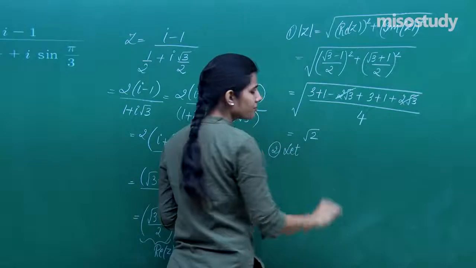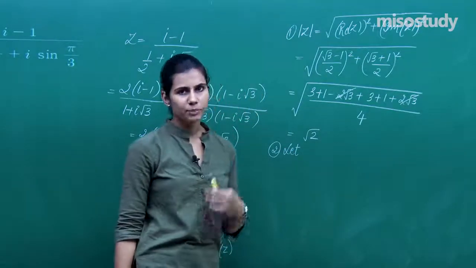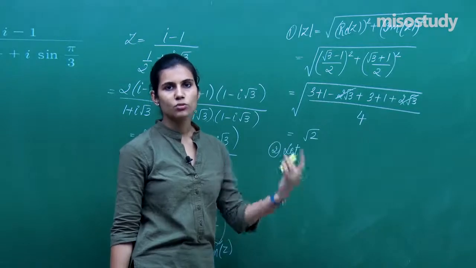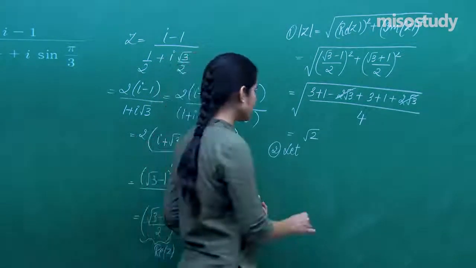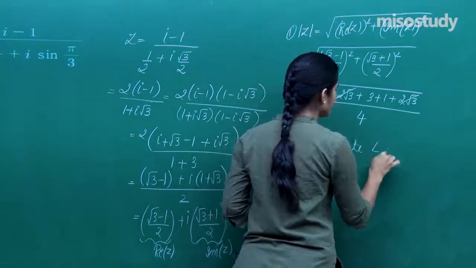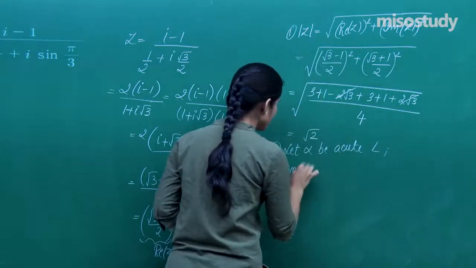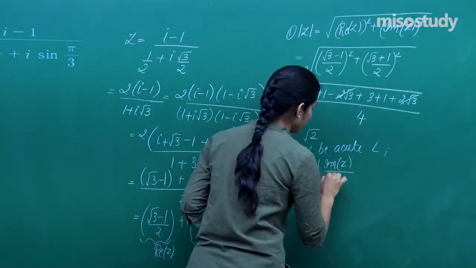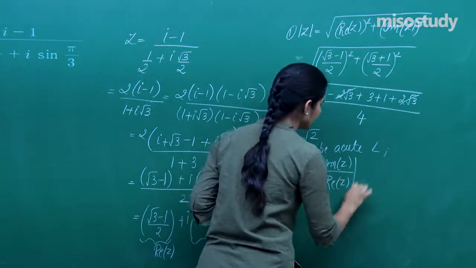Then in order to compute the principal argument, first I need to compute alpha, where alpha is an acute angle such that tan alpha is equal to mod of imaginary part of z upon real part of z.